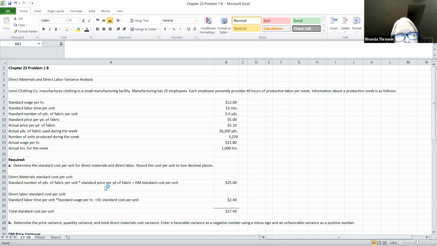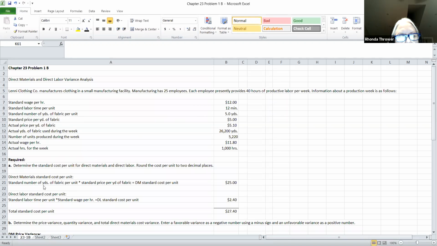So the only thing you have to do is pick out from the information above what your standard number of yards of fabric are per unit. The budgeted number of yards of fabric per unit was 5 yards.